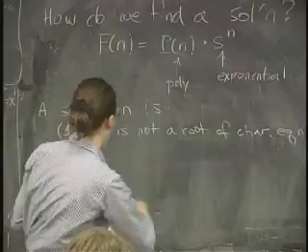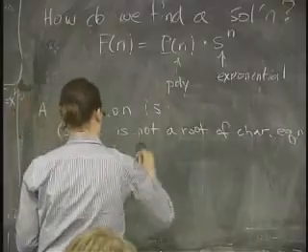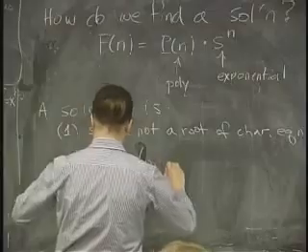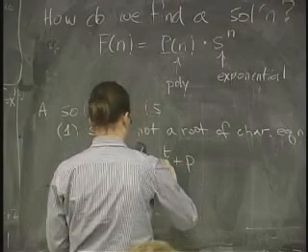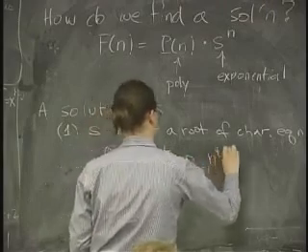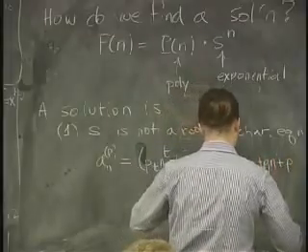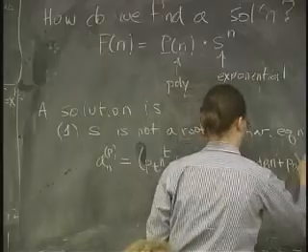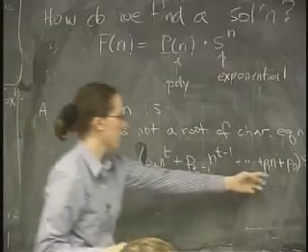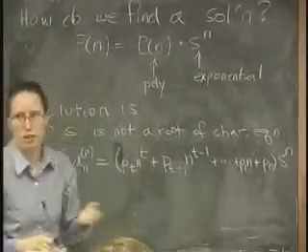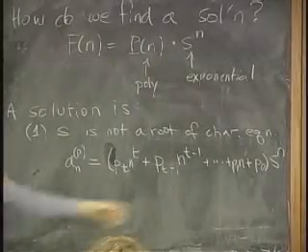In that case, a particular solution is this guy. This is a polynomial of the same degree as this polynomial, but with possibly different coefficients. We have to figure out what those are. And this is just the exponential to the n.